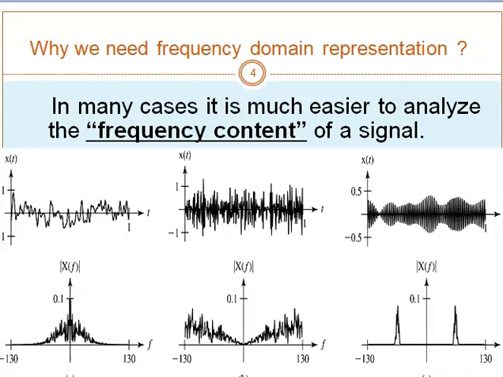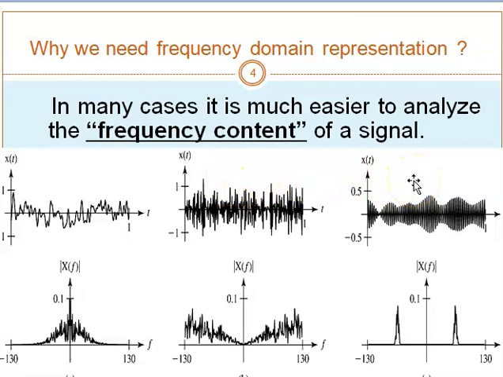Why is there a need to represent your signal in the frequency domain? Because in many cases, it is much easier to analyze the signal in terms of frequency. Let us look into the 3 figures on top. So you have figure 1, figure 2, and figure 3.